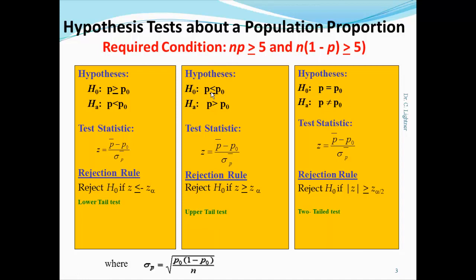Our null hypothesis is P is less than or equal to 0.5. Therefore, the test statistic and rejection rule listed in this box is appropriate for our problem. However, we cannot use this test statistic or rejection rule until we verify that the required condition is met for our problem.